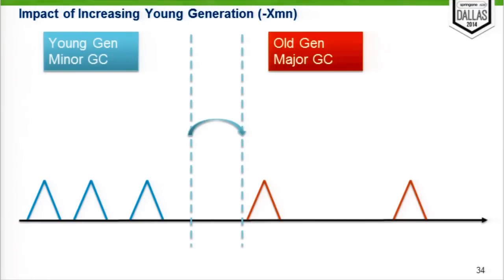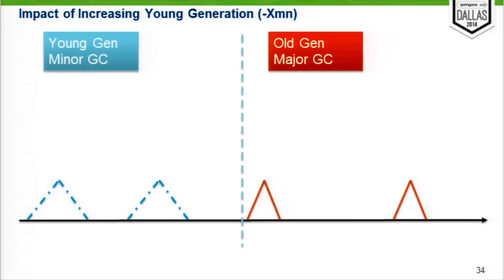Let's say I increase it by 10%. What happens is when you increase young generation, you've created more space here. So that causes one minor GC to disappear. This is great. I've got a huge gap now. I can celebrate for today because tomorrow I have to figure out a different strategy. But anyway, that's what happens.